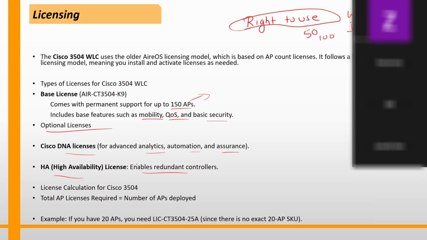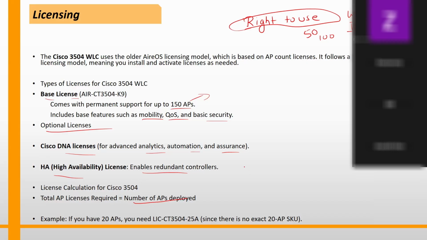Depending on the feature, you have the DNA license for advanced features, and the basic features are covered in the base license. And these are perpetual licenses, like these licenses are forever. License calculation for 3504: total AP licenses required equals the number of APs deployed.